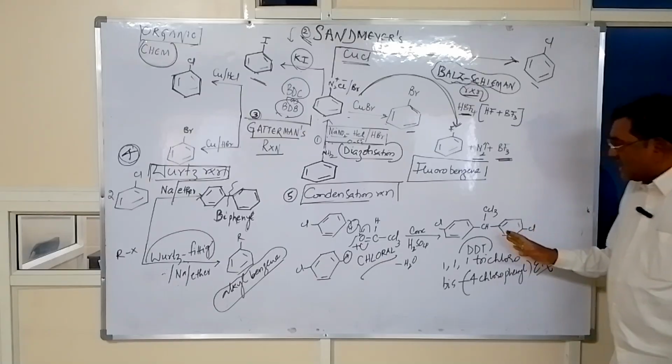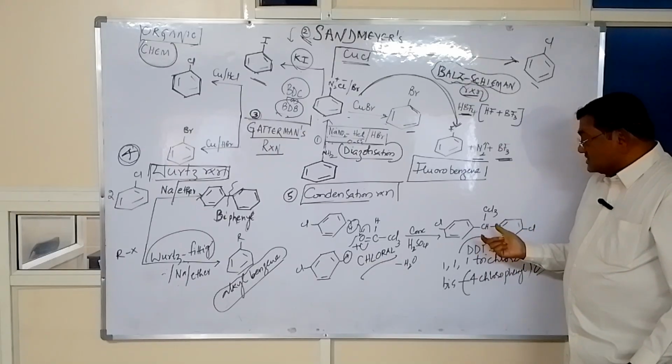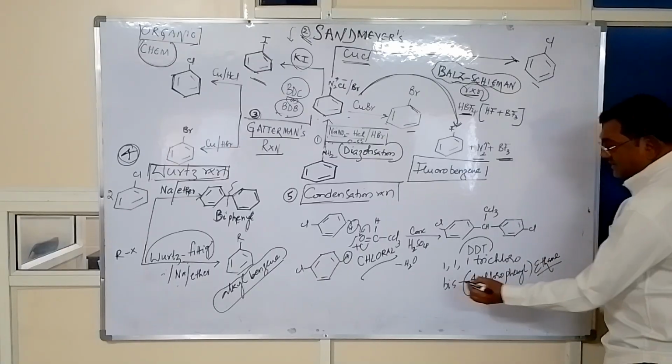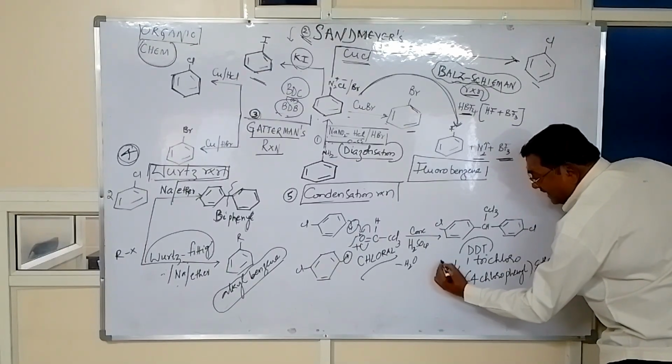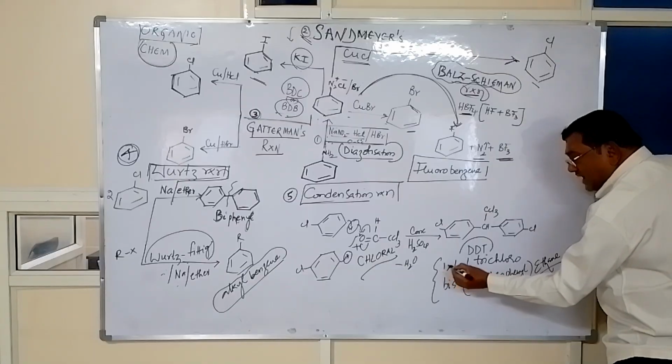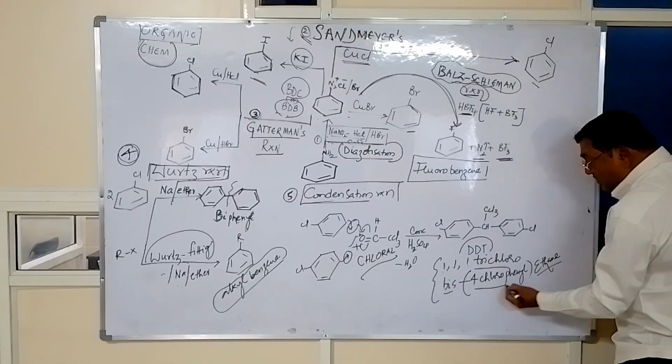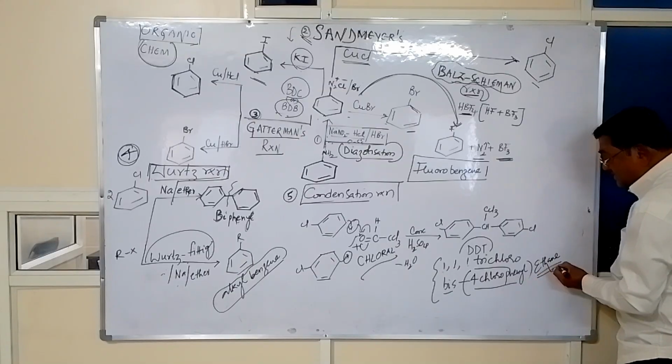See, children, sometimes this is asked: what is the IUPAC name of DDT? It is 1,1,1-trichloro-2,2-bis(4-chlorophenyl)ethane.